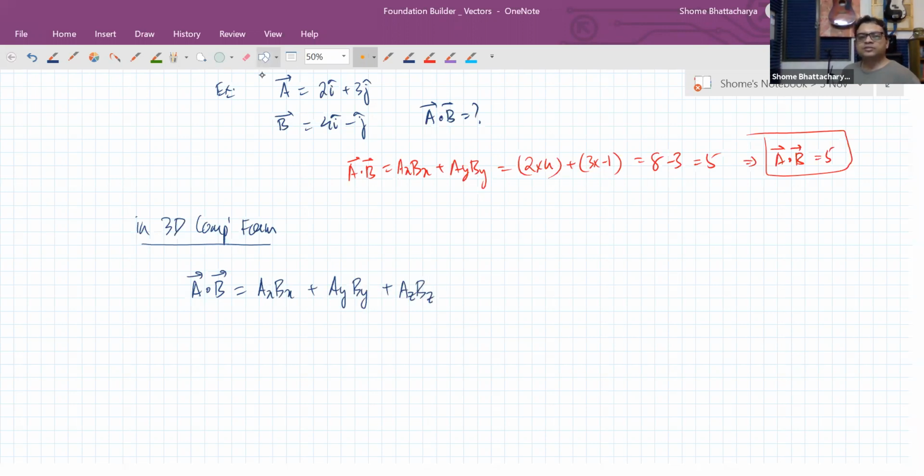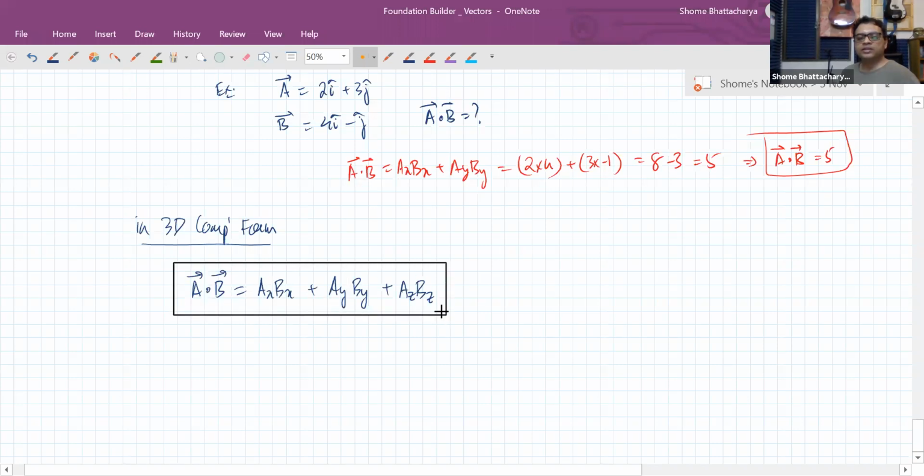And the logic of this formula is very similar. If you write the vectors in three-dimensional form and then take the dot product and eliminate the terms which are 0, keep the terms which are 1, you will get this formula very easily. So this is the 3D form for the dot product.